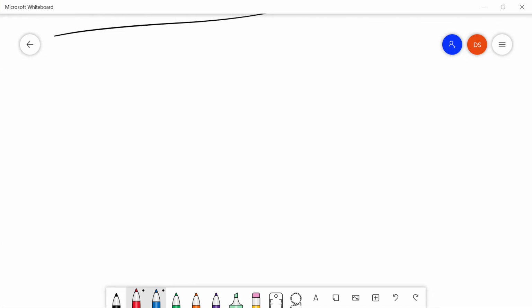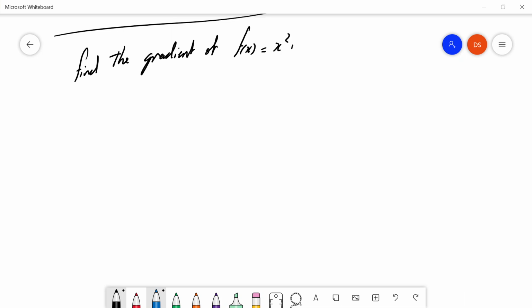If I gave you a question, find the gradient of f of x equals x squared plus 7x at x equals 2.